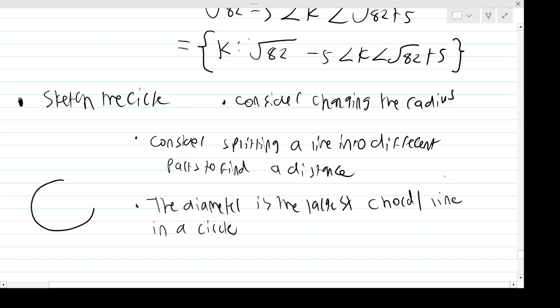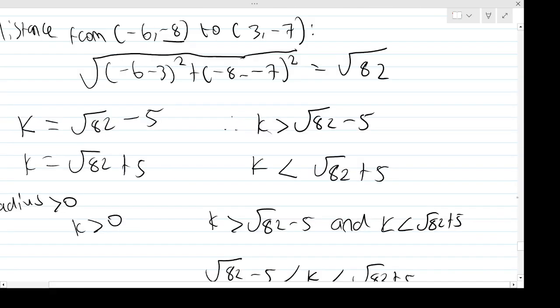If you have a circle, a chord is just any line in a circle. It goes to 2 points. So say you have a chord there, and then a chord there. Hopefully you know it's getting bigger. And then if it goes through the centre, that's the diameter. The diameter will always be the biggest chord, or the biggest line, in a circle. And again, that helped us in these two questions.